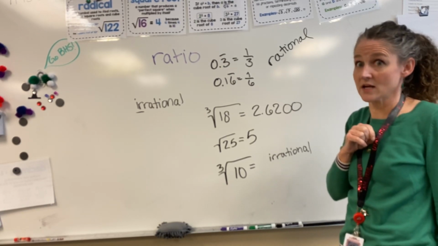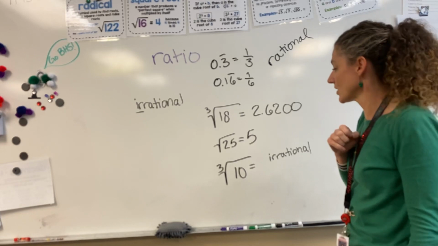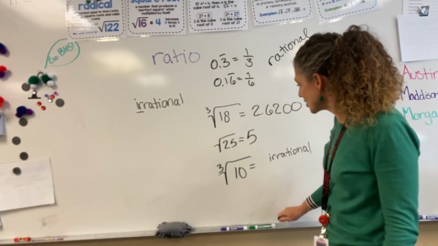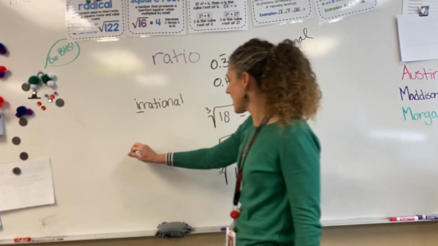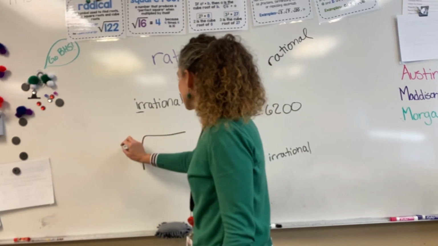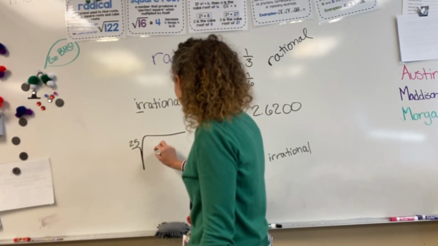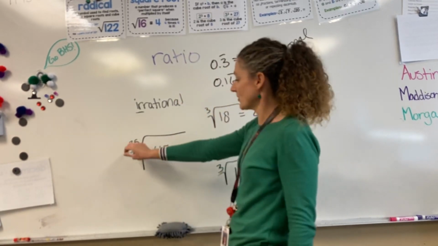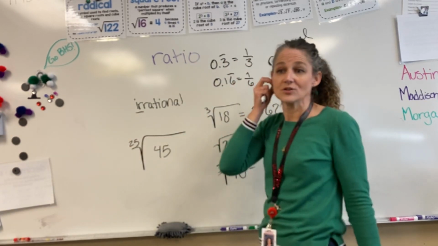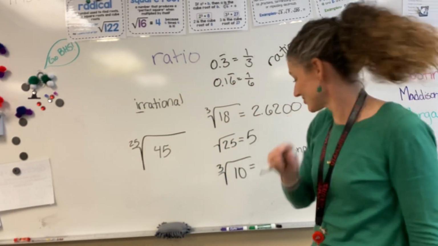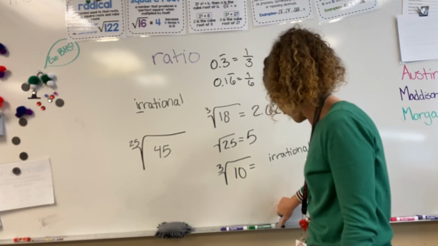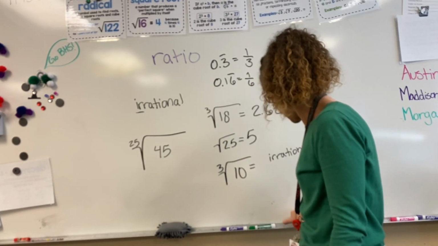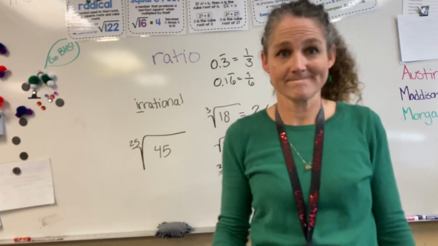Guys, if it's not there, it's a 2. You don't want to go putting in numbers. If it's not a 2, like let's say I want the 25th root of 45, there'll be a little 25 right there. You'll notice there are none of those because we're not going there. Okay. All right.